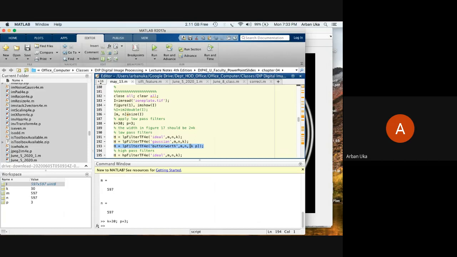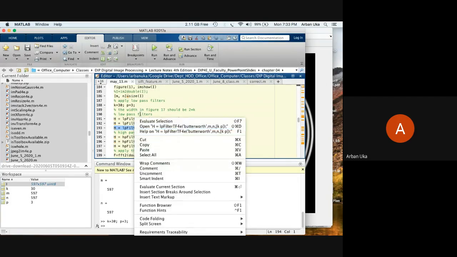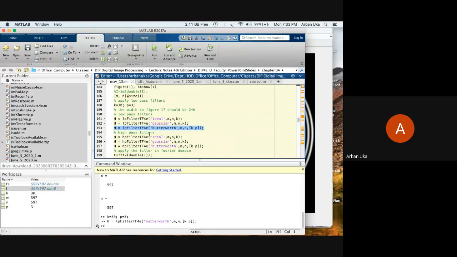The Butterworth filter is very similar to a Gaussian filter, and the ideal one is very unique. So now we have k and p. Let's generate a filter H, which is a low pass filter. M, n, k, p, this is Butterworth, yeah.